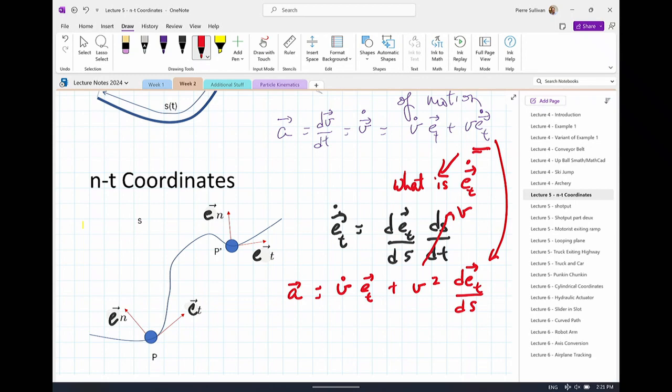And I have a v already, so it's going to be v squared dEt ds. So now I have an acceleration term that doesn't look much better, but it's based on this curvature of the path.